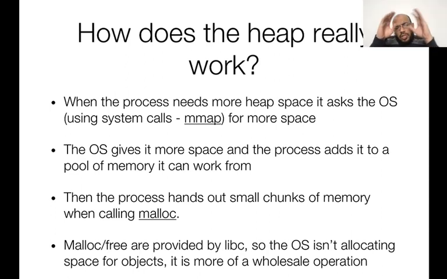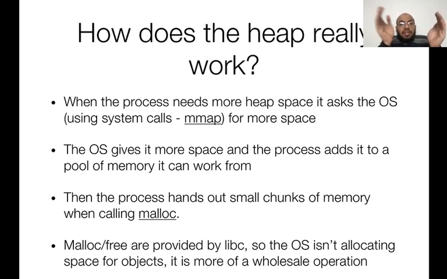You call mmap first, so you get a whole lump sum of memory, a large chunk. Then you as a programmer use libc, using malloc and free to allocate smaller chunks of memory within this heap that you just acquired.